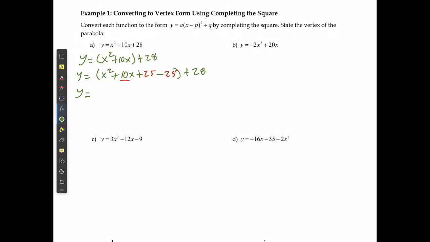I can just move it out and get the x squared plus 10x plus 25, and then on the outside plus 28 and minus 25. I take the square root of the brackets, which is going to be x plus 5 squared, and I combine the like terms at the end, plus 3. My vertex is going to be with the coordinates -5 and +3.